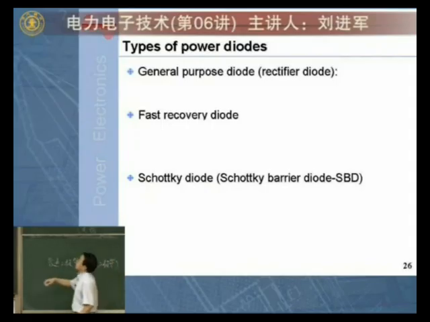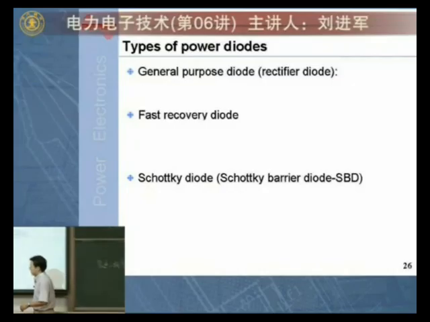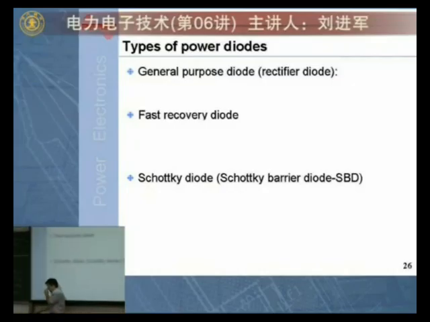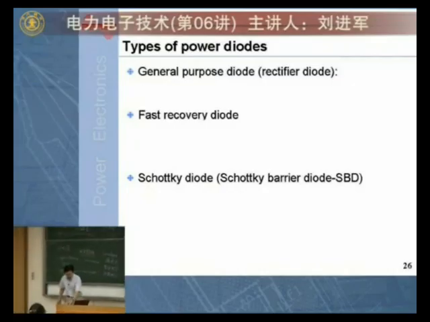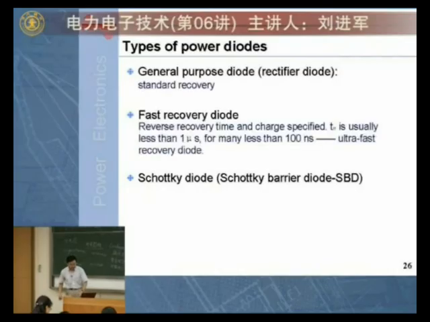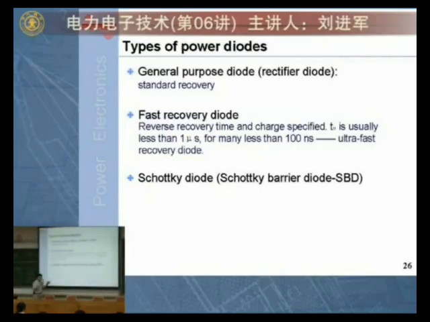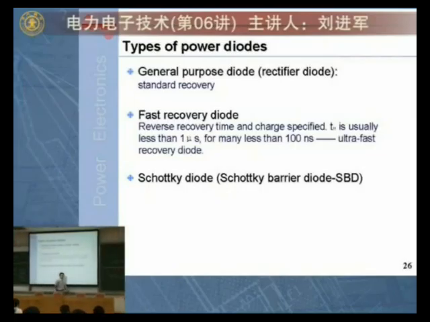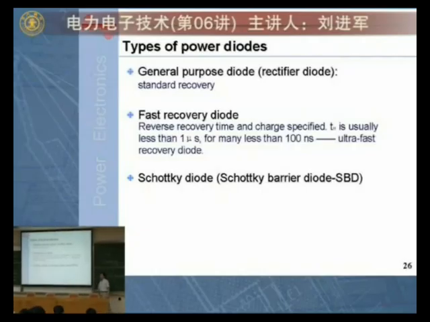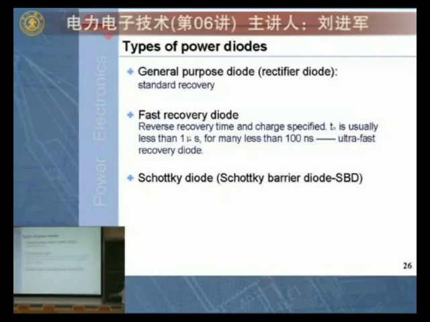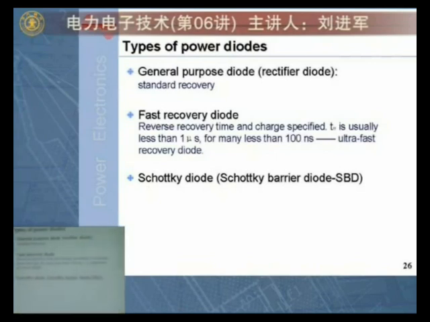Okay, and then you have the fast recovery diode. In many cases, we need a power diode that has a much faster reverse recovery process. Okay, then we build some fast recovery diodes.